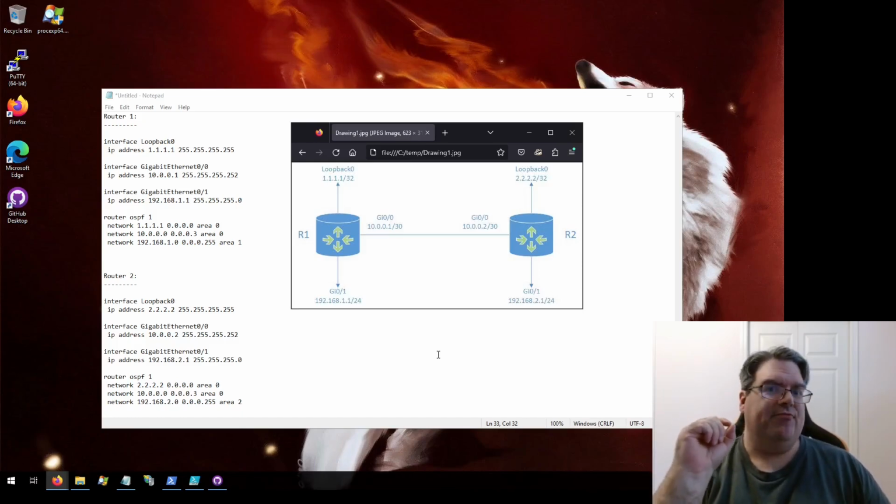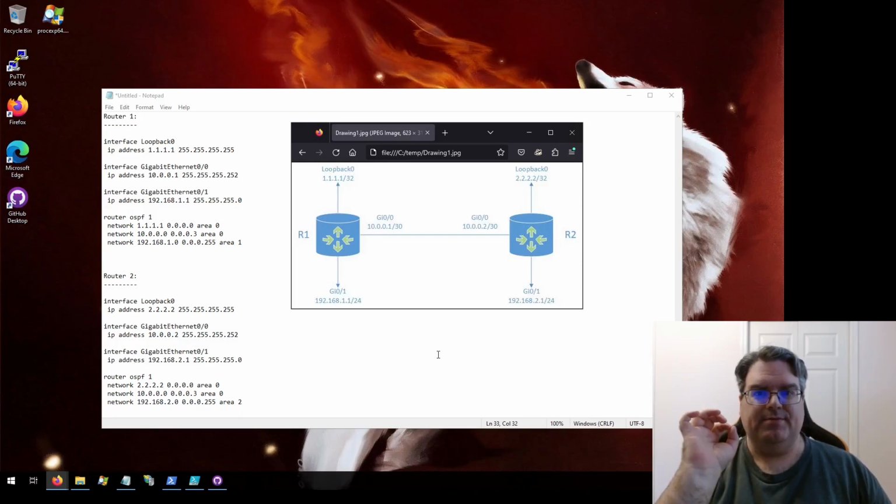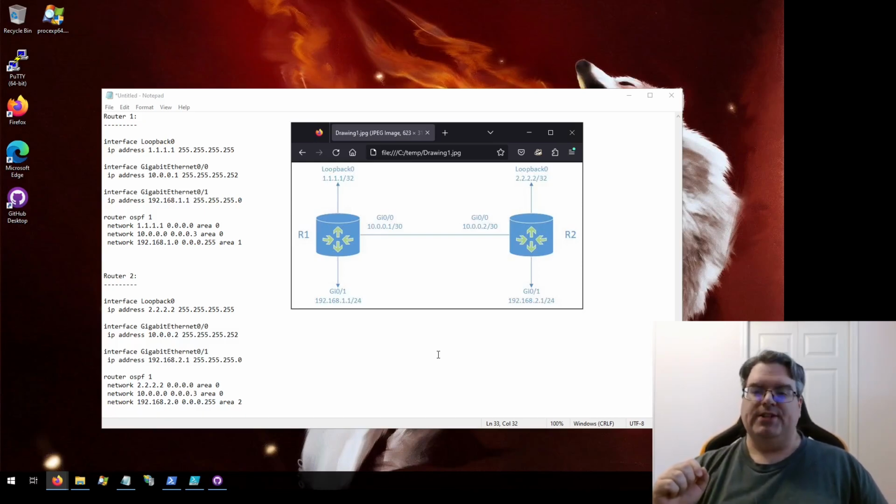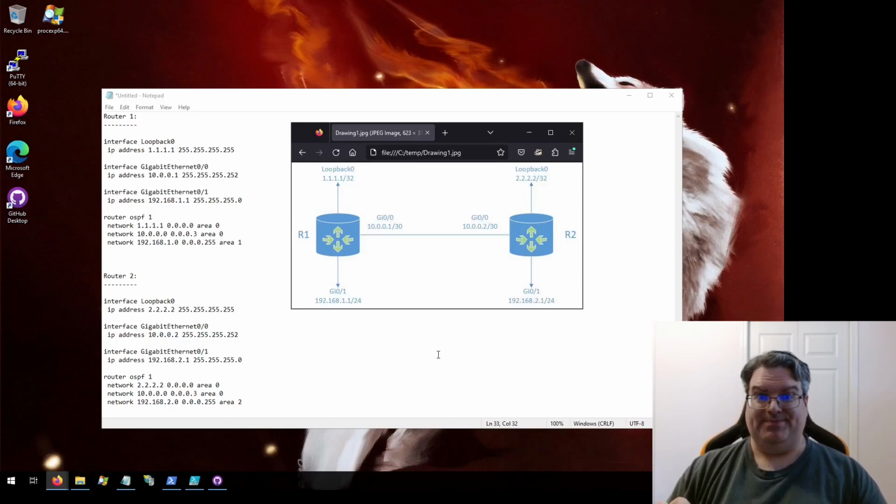The designated router and the backup designated router have a specific purpose, which is that all of these link state advertisements are sent using multicast. They use a multicast address on the network.